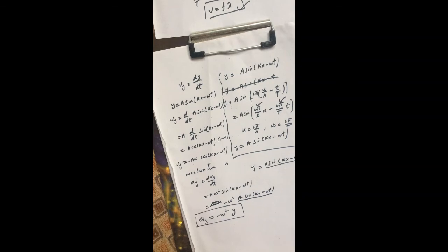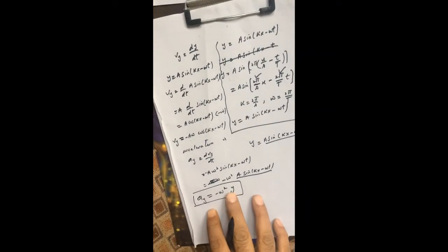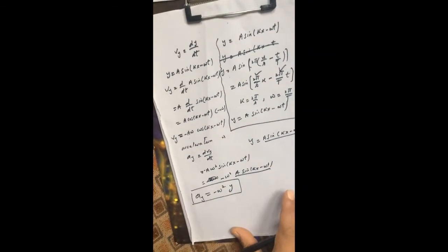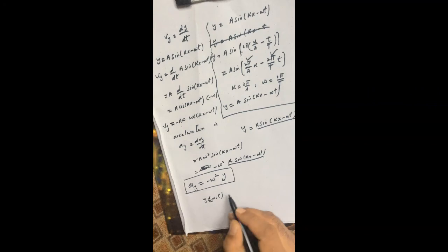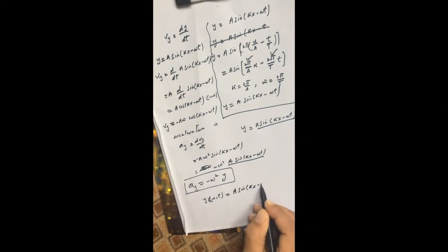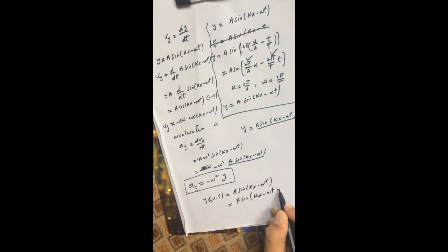Now we already wrote a general expression for the wave function, which is y, a function of both position and time, equal to a into sine kx minus omega t. Like what we did in the simple harmonic motion, we put an extra factor here, kx minus omega t minus phi.